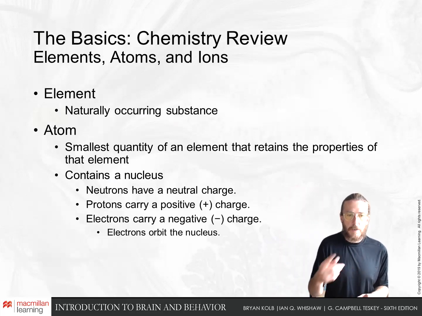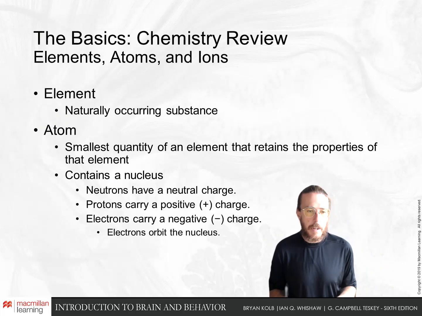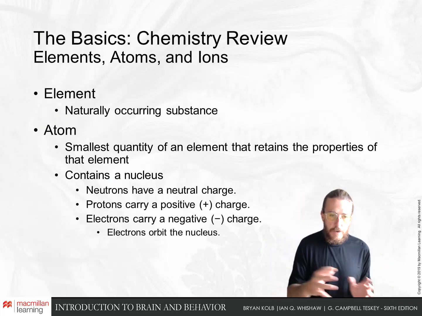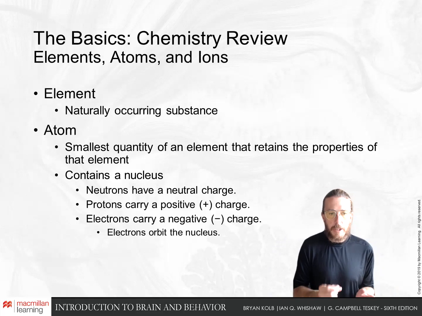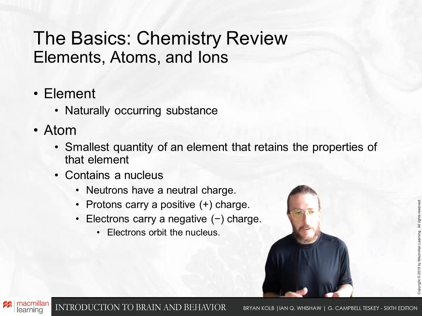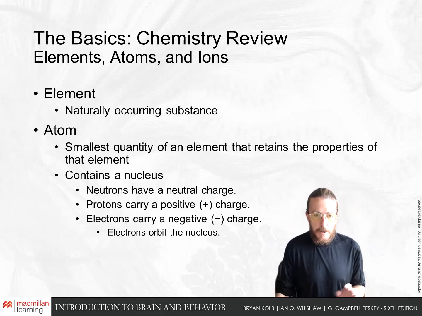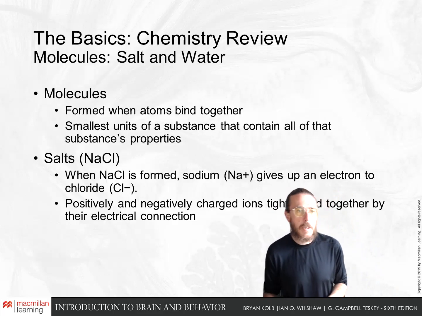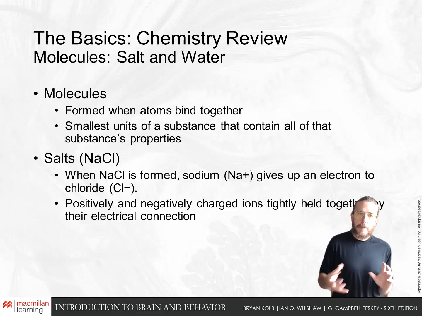And then electrons orbit the nucleus and they have negative charges. And usually the negative charges in the orbit and the positive charges in the proton balance each other out. But when they don't, ions are created, and this is where interesting chemistry can happen. So when multiple atoms bind together, molecules are created.